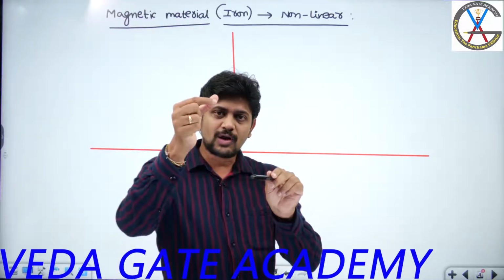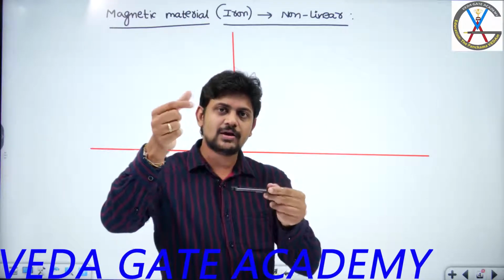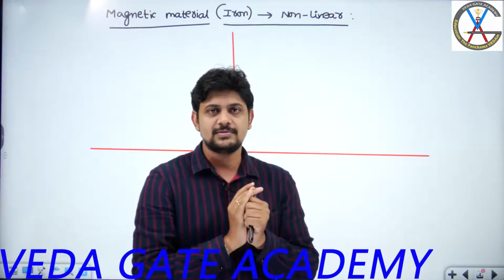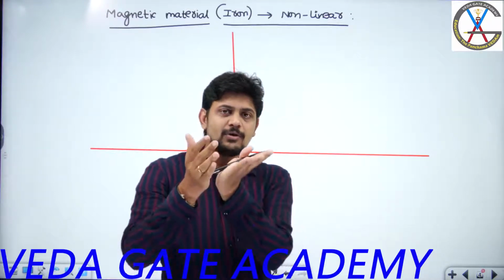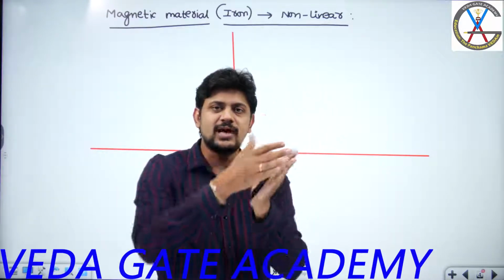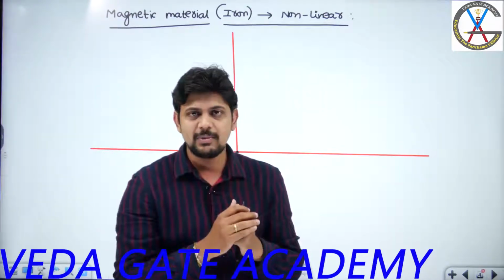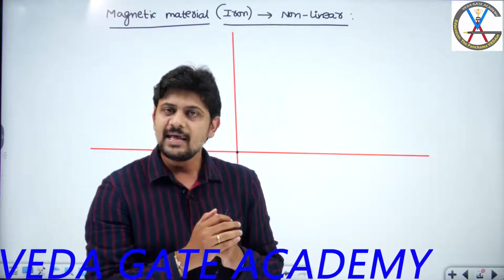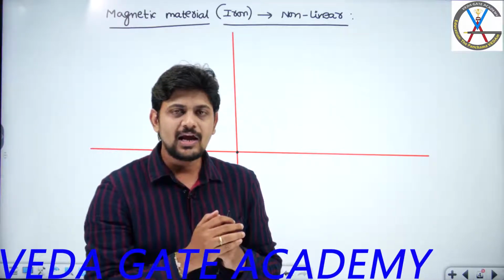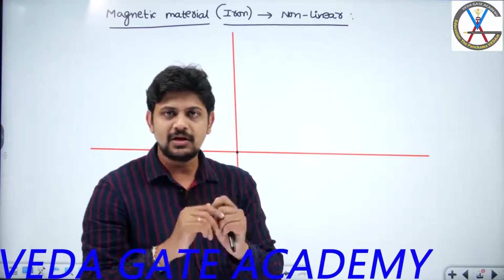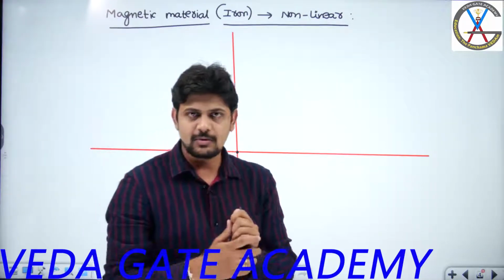This flux will try to align the dipole fluxes. If these dipoles are aligned along the direction of the external flux, then the overall flux increases. And we understand that alignment of the outermost orbits is very easy compared to the innermost orbits.